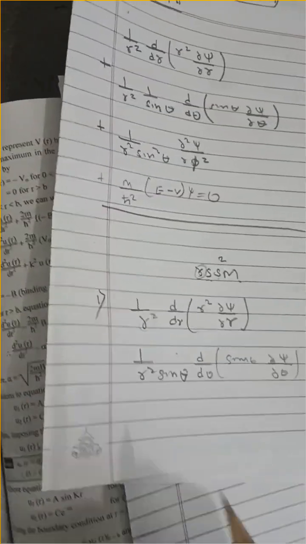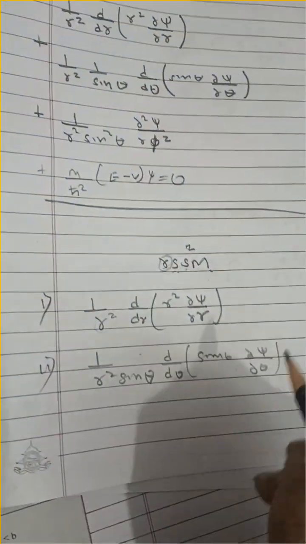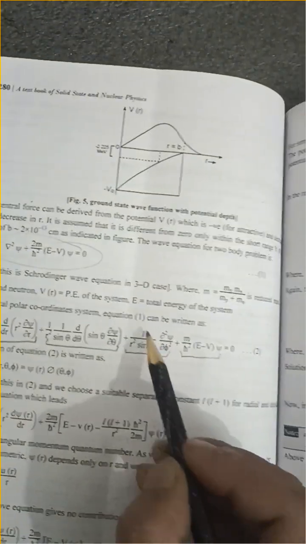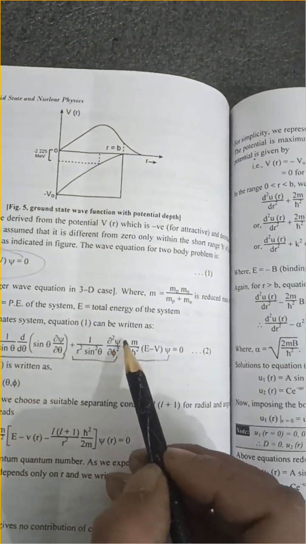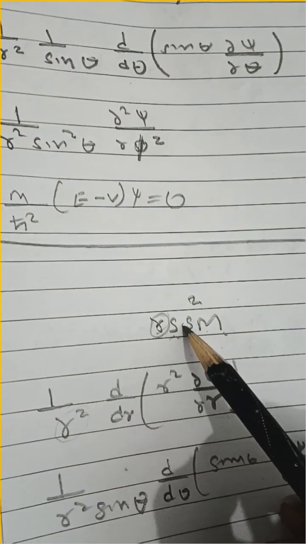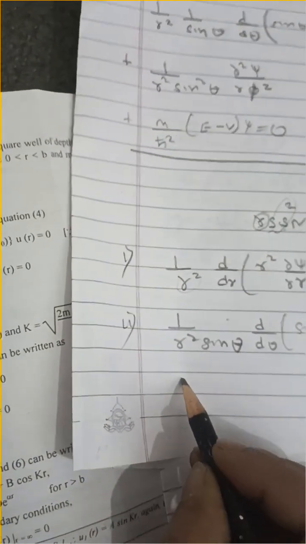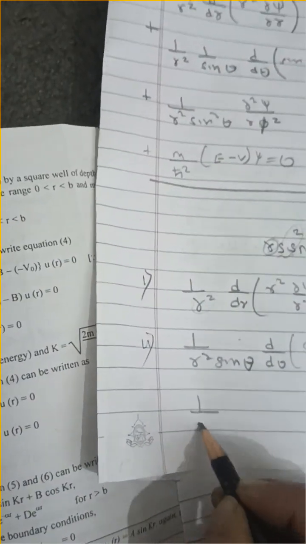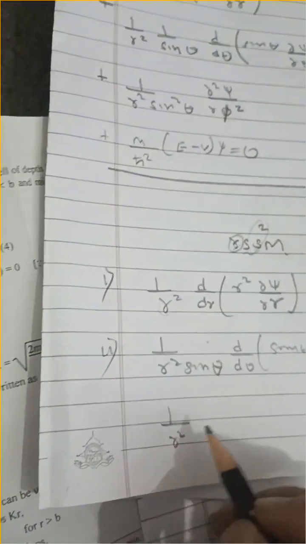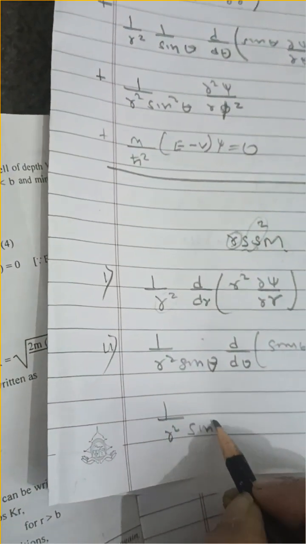Now this is our second term and we have finished it, and for the third term we have 1 by r square sine square theta d square psi. So for the third term also, let's see our mantra. Here we have r, we have s square. It represents that we have to write 1 by r square all the time, and here we have to write sine square theta.